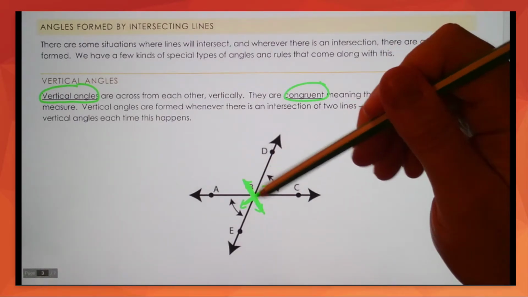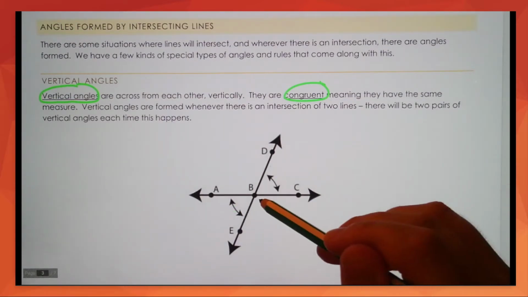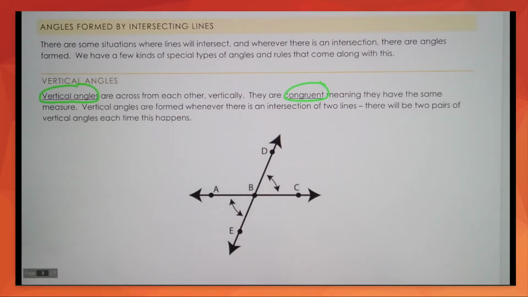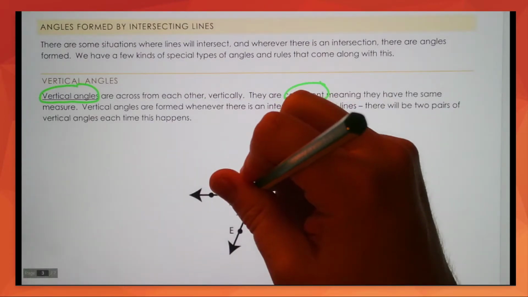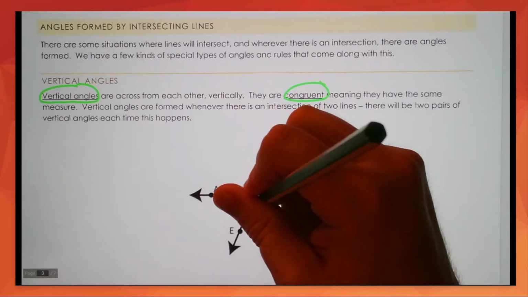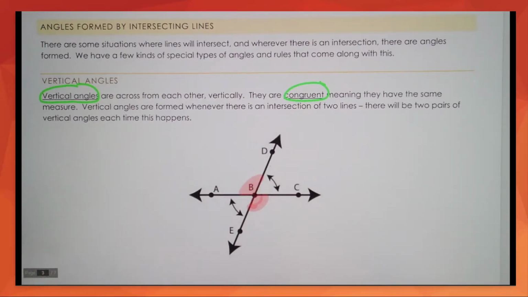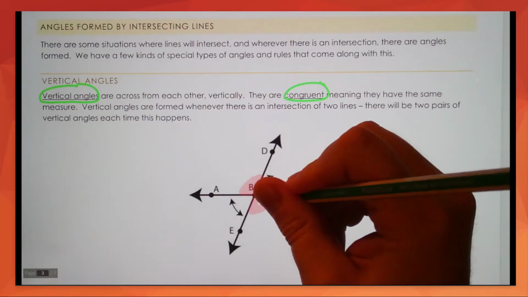These 2 angles are congruent, and these 2 angles are also congruent. They are vertical from each other, okay? So just to clear that up, this angle right here and this angle are congruent. I'm actually going to fix that because I picked up my pencil by accident.